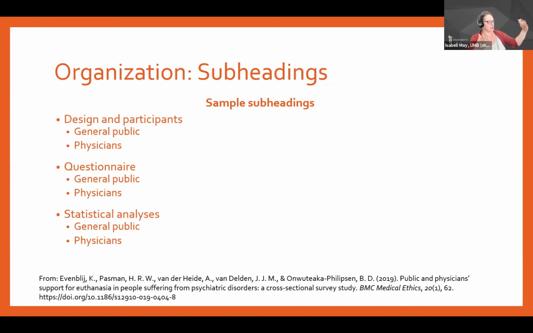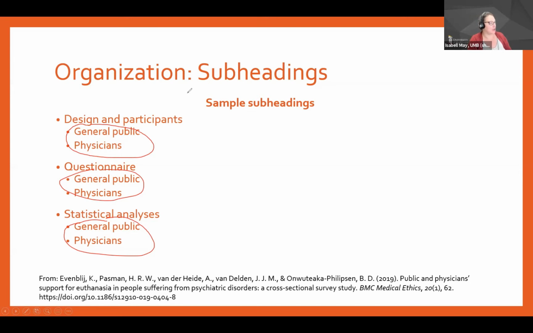This survey study was divided into two audiences, the general public and physicians. You see this reflected in each of the subsections in the method section. One discusses general public and physicians, because it's a comparative piece between the public support and physician support for euthanasia in people suffering from psychiatric disorders, right?